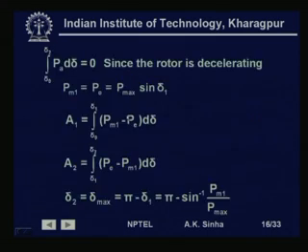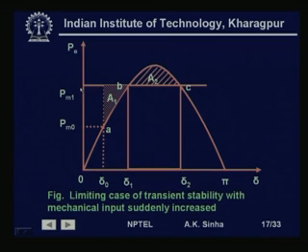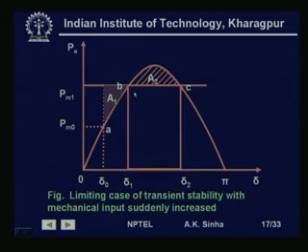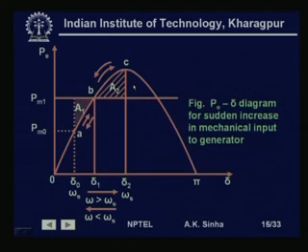So, we have P A d delta is equal to 0, that is, P m 1 is equal to P E is equal to P max sin delta 1, that is, this is delta 1. So, at this point B we have delta 1 and P m 1 is equal to P E 1, which is P max sin delta 1.